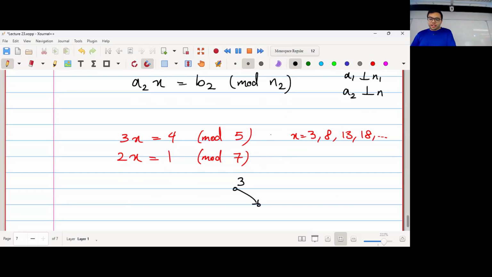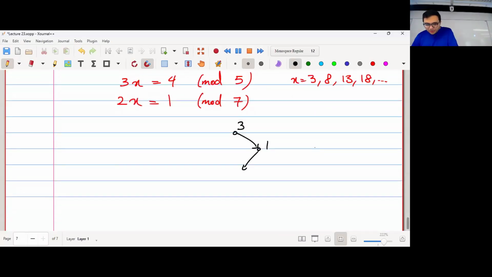But 8 modulo 7 is 1, right? Oh, I already found my solution. Oh, right. But I keep adding. I add 5. So that would be 6, which is 6 modulo 7. I add 5 again. What is that modulo 7? I'm bad at this. It's 4, right?